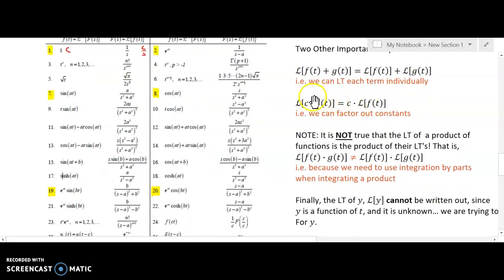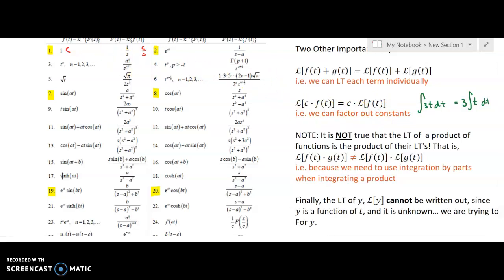The second property is if you have the Laplace of a constant times a function, you can factor the constant out. Same thing as the property of integrals. If you have the integral of 3t, for example, then that's the same thing as 3 times the integral of t dt. So you can factor that constant out. That's all this property is saying.